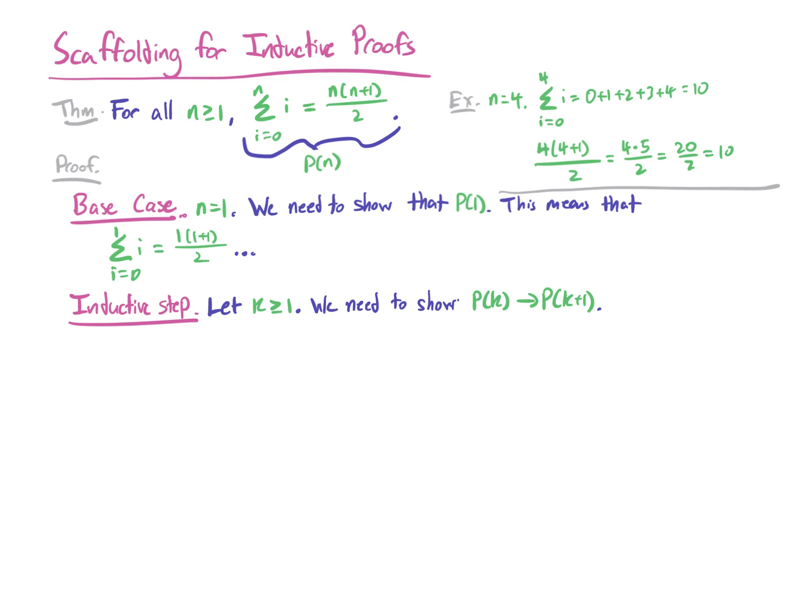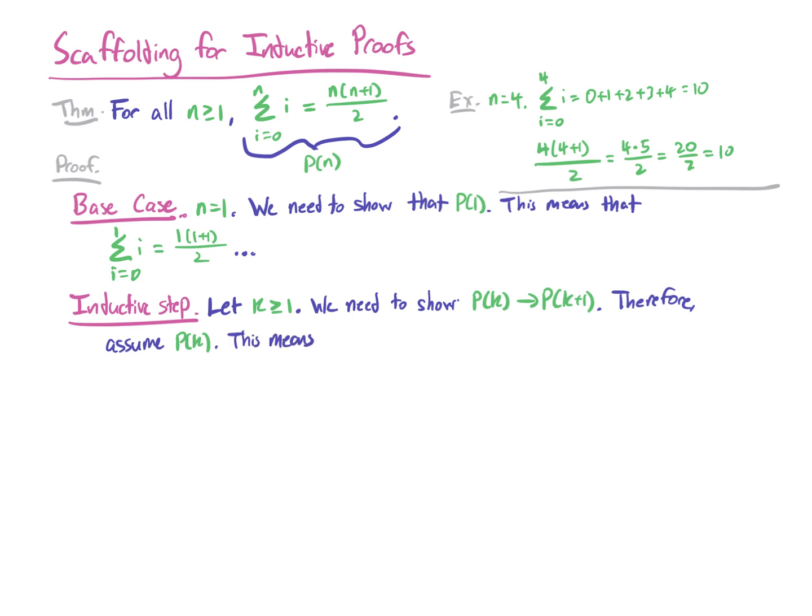And we often do this, not always, but often, with direct proof. So in this case, my scaffolding continues. How am I going to show this? I'm going to say, therefore, assume that P of k is true.